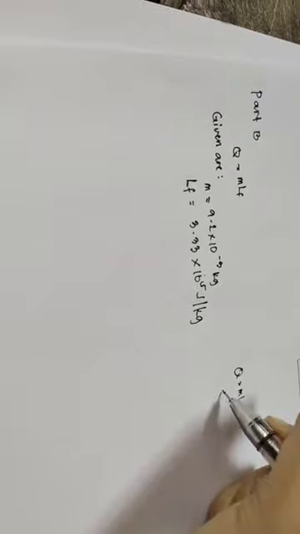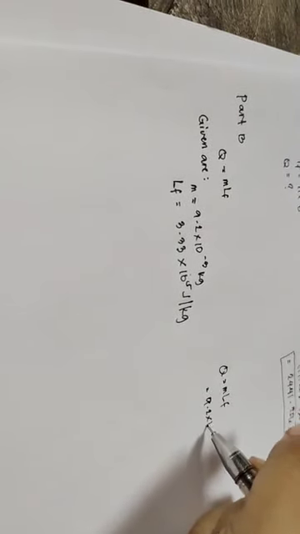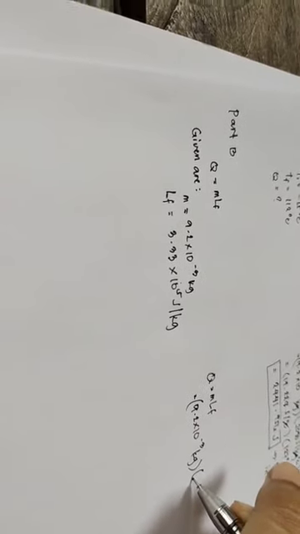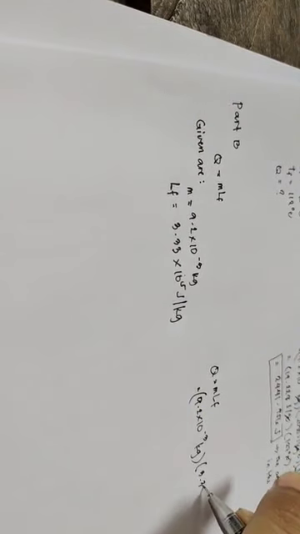So let's go on to the solving session in part B. Q equals mLF, so let's substitute the givens: 9.2 times 10 raised to the power of negative 3 kilogram, times the latent heat of fusion of water, which is 3.33 times 10 raised to the power of 5 joules per kilogram.